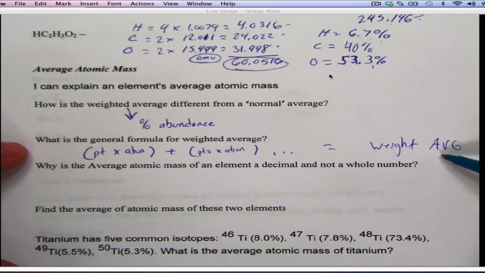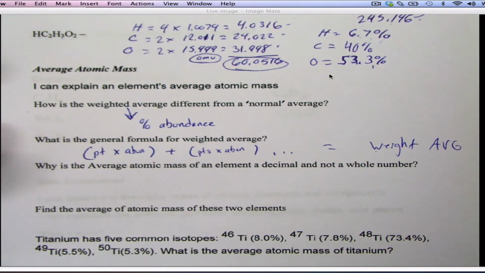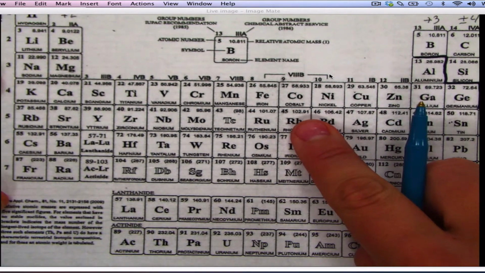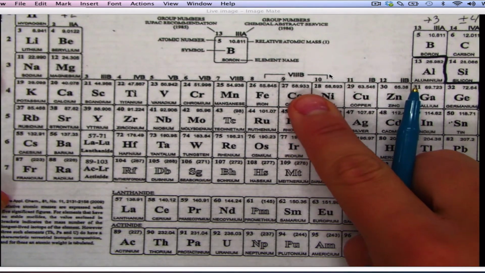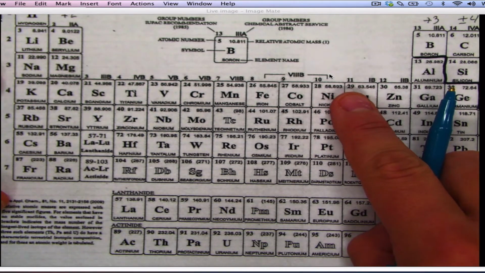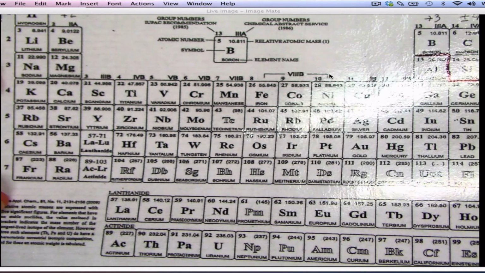There is a weighted average that we use all the time, and that's on the periodic table. If you notice, all the numbers for the weights are decimals, very detailed decimals, to the thousandths, to the hundredths, things like that.